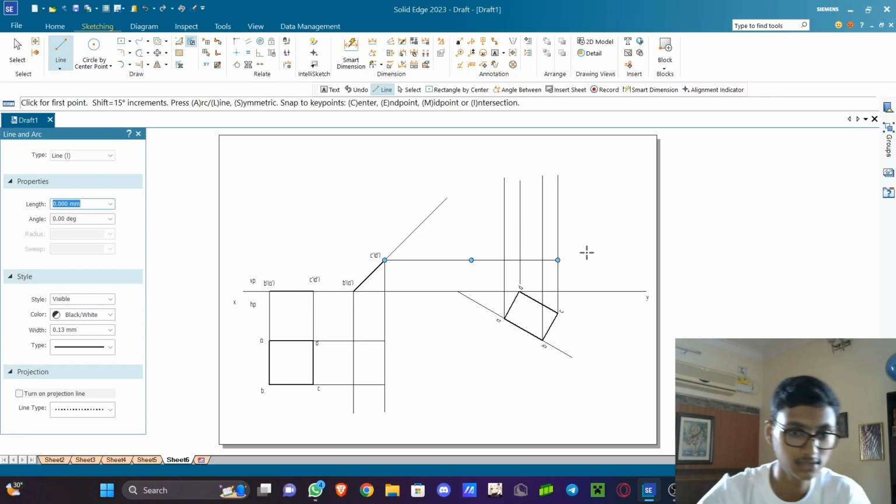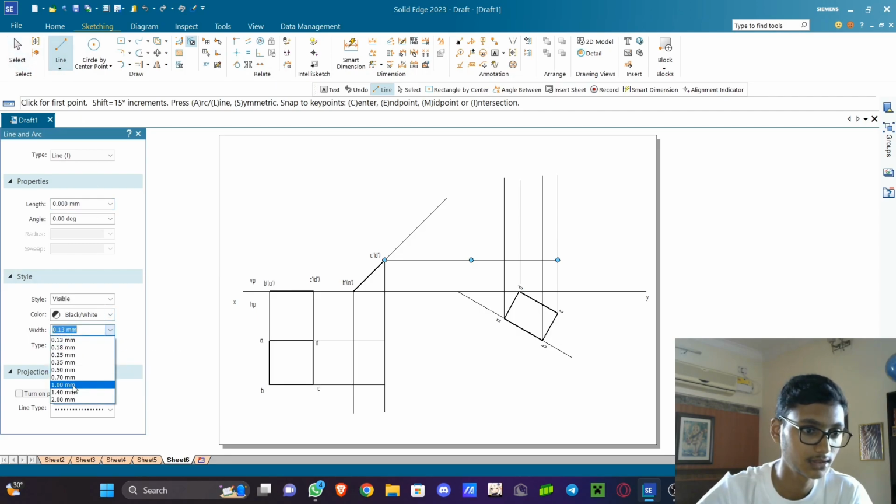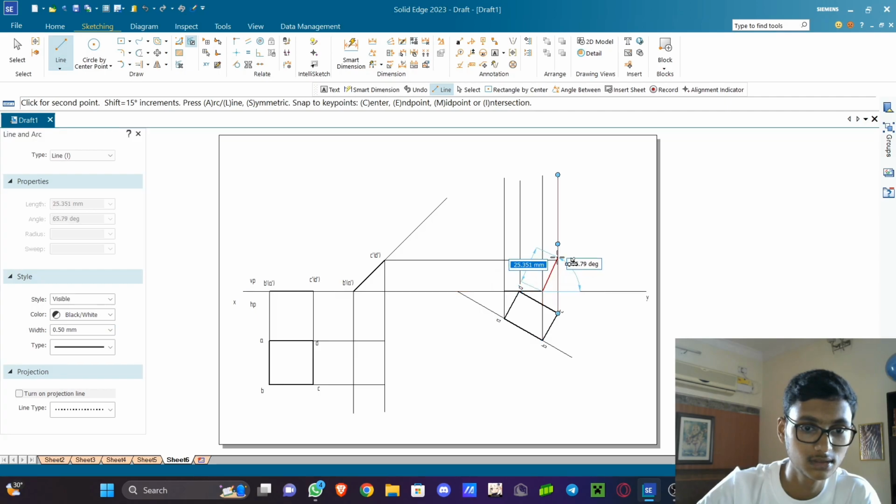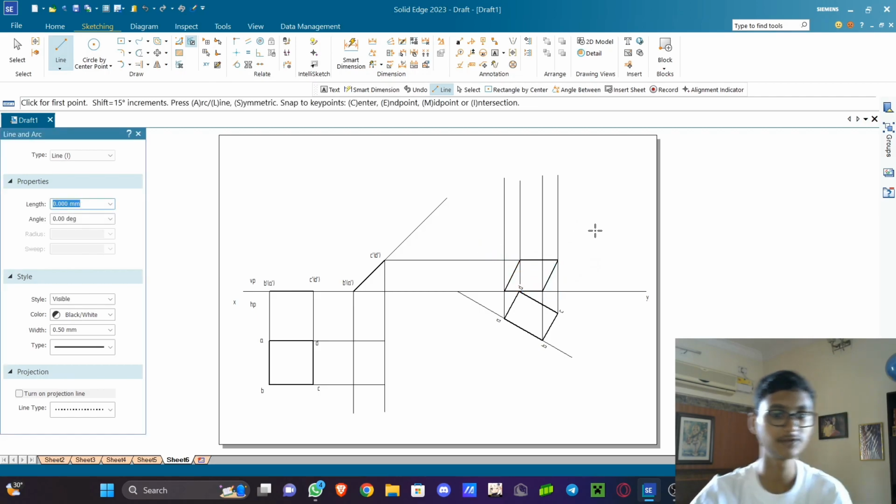So let us draw the square lamina, the final projection. So let us take a thick line. So this is A, B, C, D. So this is our final projection.